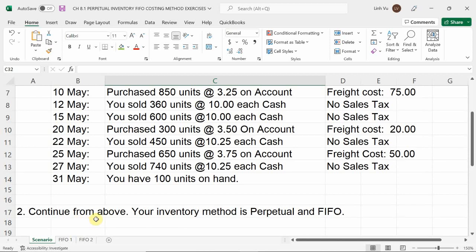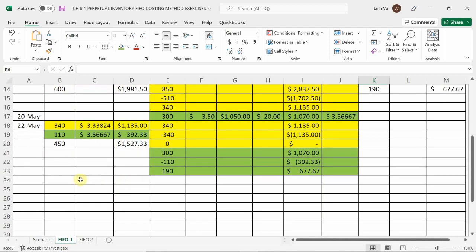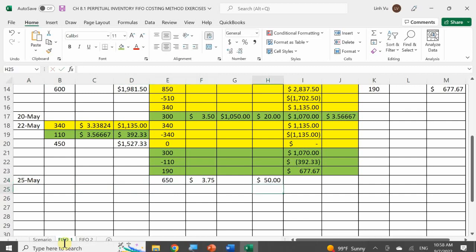Then on May 25th, we end up purchasing an additional 650 units at $375 with the freight costing $50.